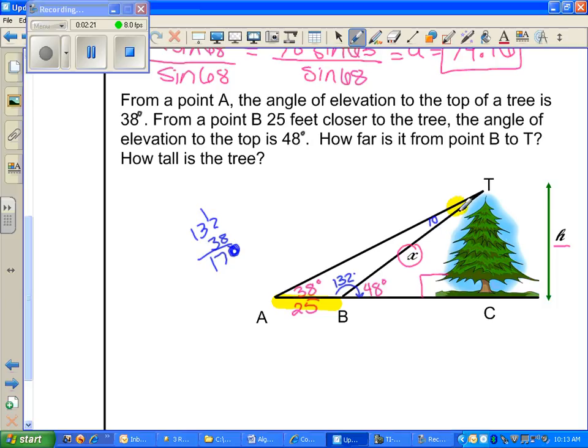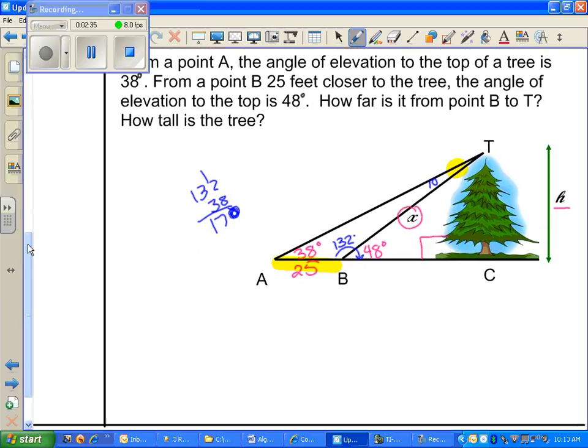Now we have the angle at T and the side across from it. We have the angle at A, and we want the side across from it. So we know that we can use the law of sines, which is like a proportion, to solve the problem in order to find x. So I'm going to say 25 is across from T, so underneath 25 needs to be sine of angle T, which is 10.